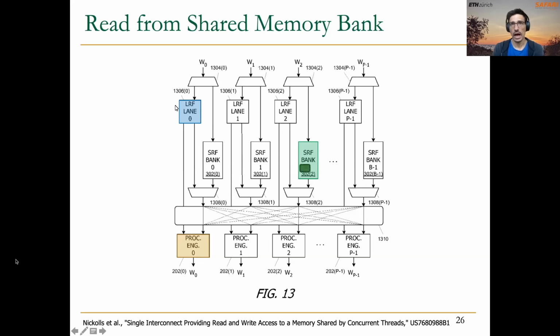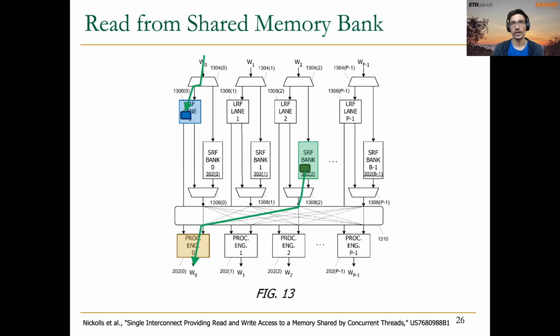So what would happen is that the processing engine surrogates the access to this other processing engine, because this is the one that is directly connected to the shared memory bank. And by using this crossbar, this interconnect that we have here, we can move the value from the shared memory bank to the register file.